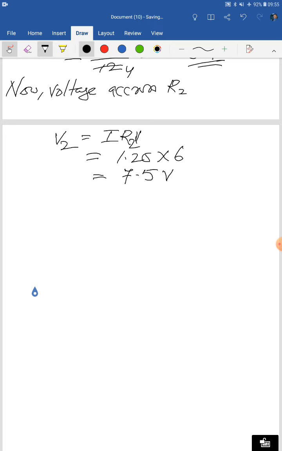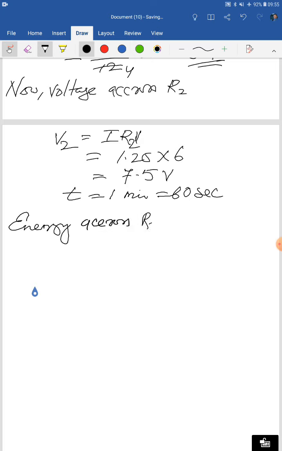Now the question asked us in 1 minute, how much energy is being spent in the 6 ohm resistor, right? So t is given 1 minute. 1 minute means 60 seconds. Now we'll write energy across R2, that is E equals to V2 square multiplied by t divided by R2.